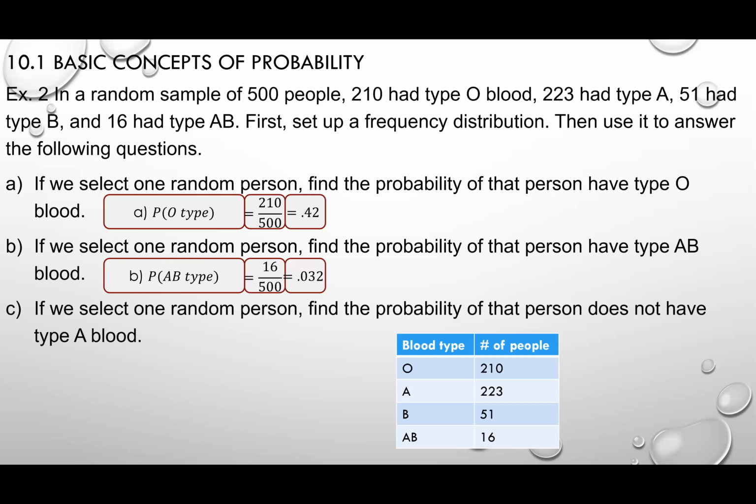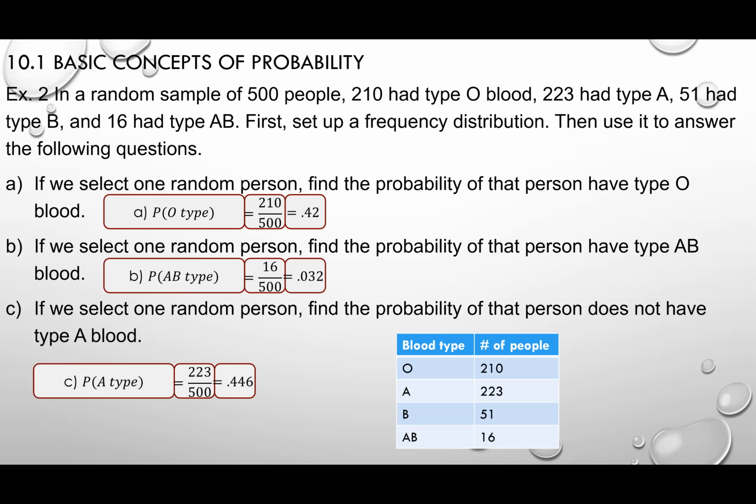And the next question, find the probability that the person does not have type A blood. So, not type A. Looking at this here, there are two ways you can do this. Do you agree that for type A, we have 222 over 500?